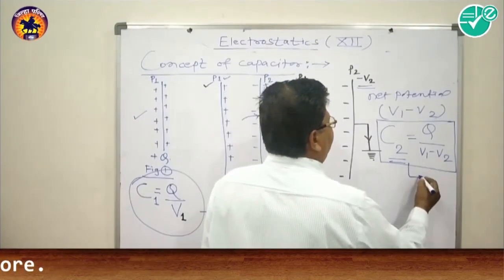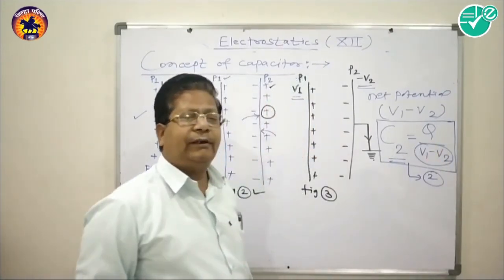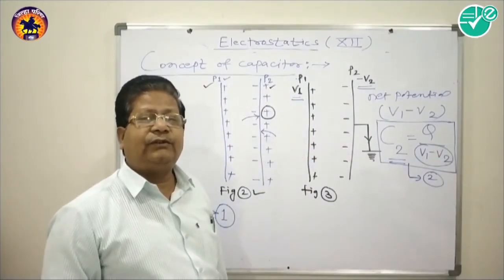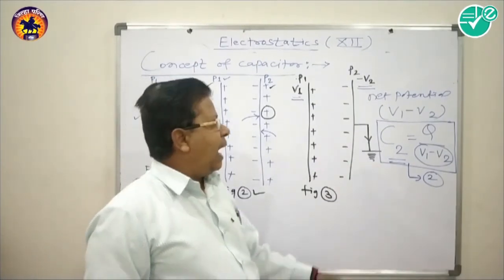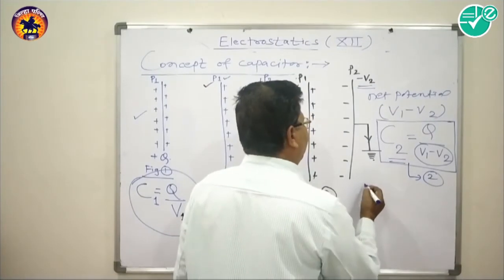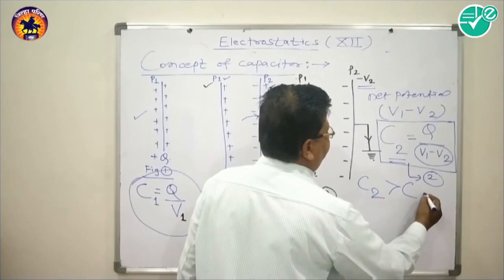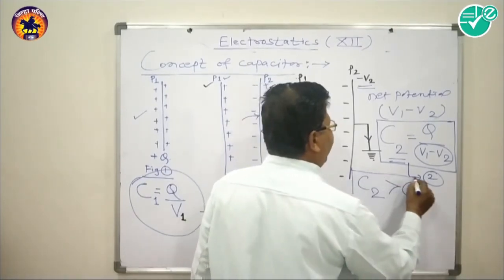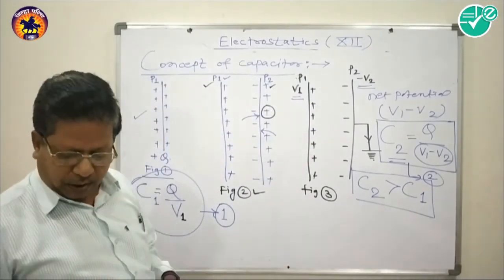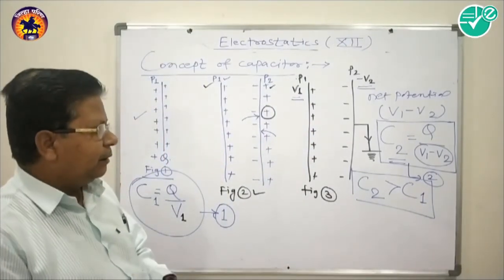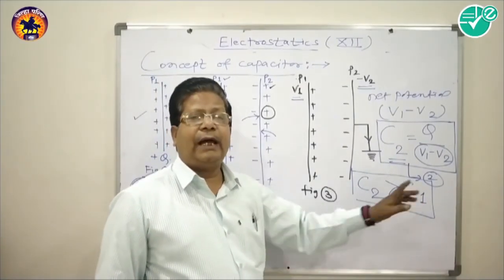As in equation number 2 the denominator consists of V1 minus V2, the potential is decreased in equation 2, and therefore the value of C2 must be greater than C1. So if we compare equation 2 and equation 1, we conclude that C2 is greater than C1.